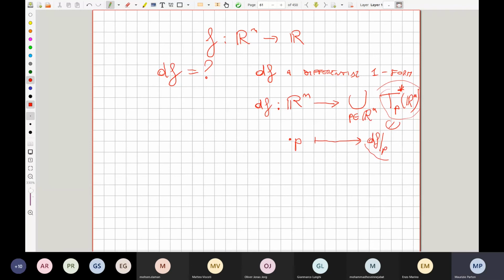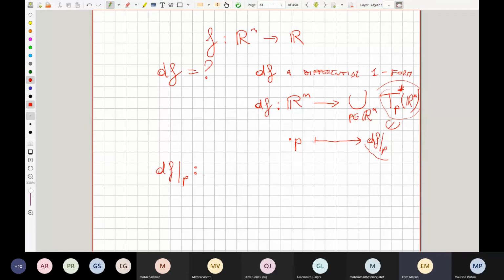Let's go on. We just have to cook with the only ingredients we have. You can't be wrong. You have to produce df in P, which is an element in this space. What is this space? The dual space to a vector space.